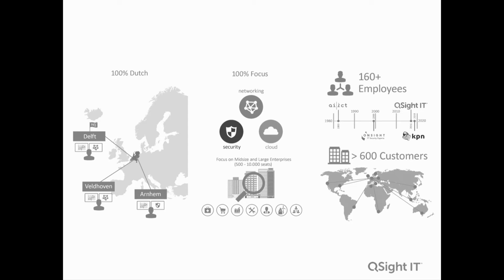So we are a security service provider in that way. And Qi ICT was selling hardware for networks, storage, and all kinds of devices. In 2016, the merger took place, and recently we were acquired by KPN, which is a large telecom service provider in the Netherlands.